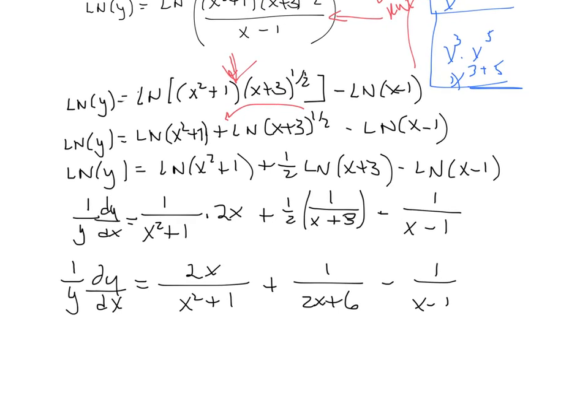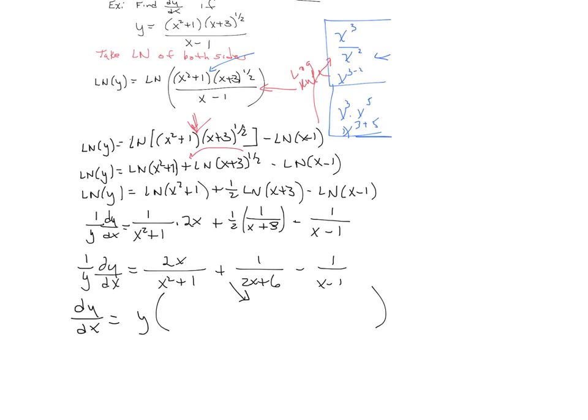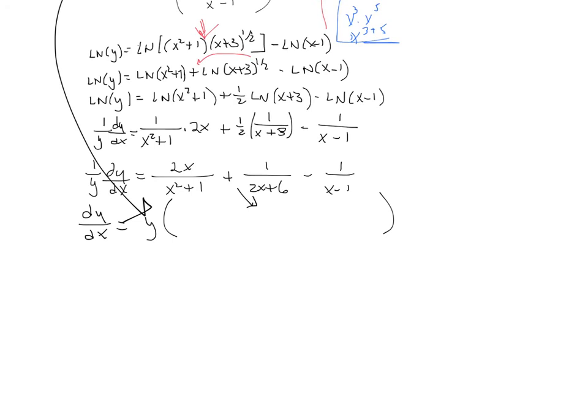And now you solve for dy dx, which is pretty easy. I just multiply all that junk. But I know what y is. It's way up there. So I replace y with that piece. So now when I write this entire answer, tell me if the quotient product chain would have been easier.